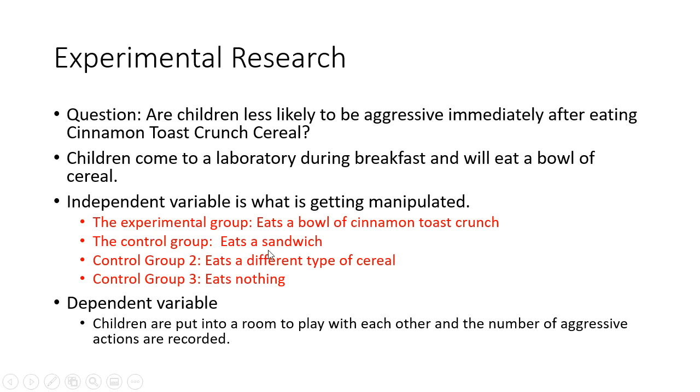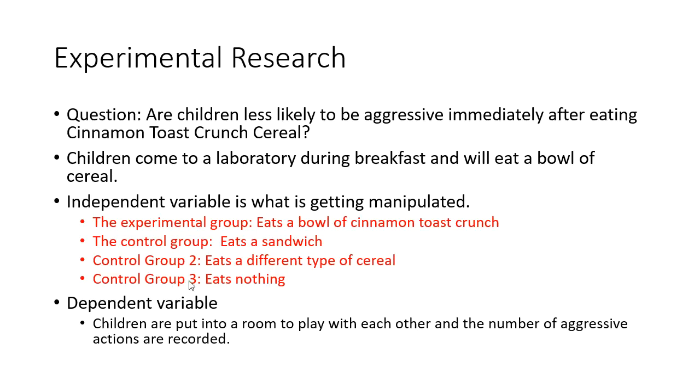Or maybe eating a sandwich makes you more aggressive, and that's why it wasn't that the Cinnamon Toast Crunch reduced aggression, right? So maybe they'll have another control group where they eat a different type of cereal. Like maybe they'll eat Kashi instead of Cinnamon Toast Crunch. Ugh, Kashi. So that is another example.